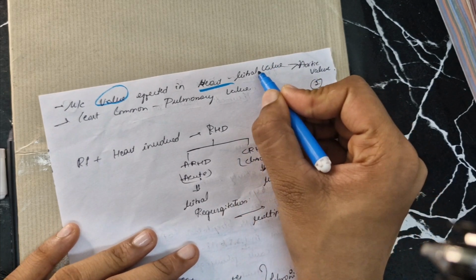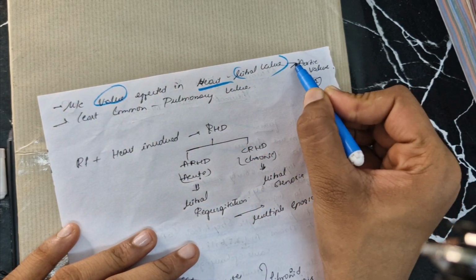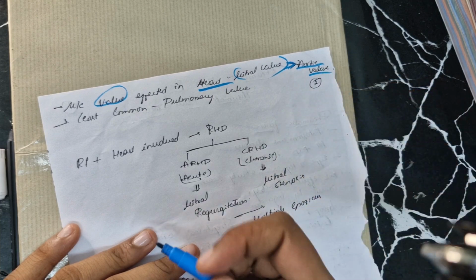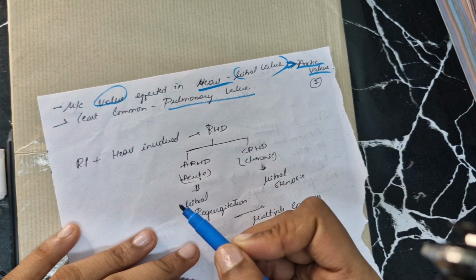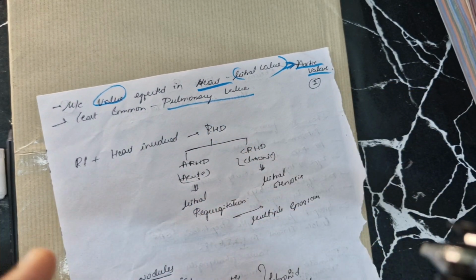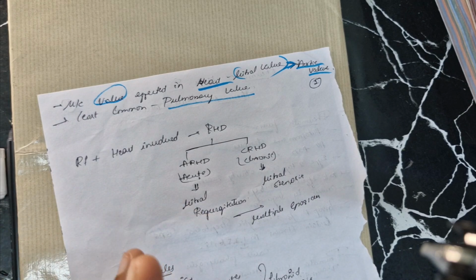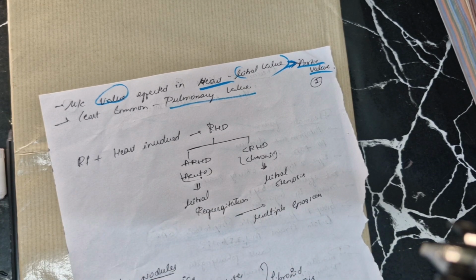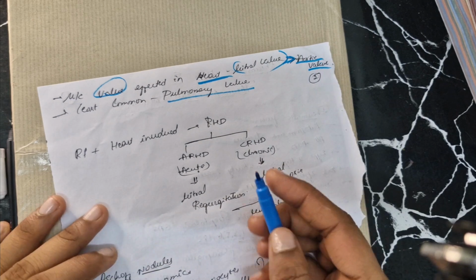The most commonly affected valve is the mitral valve, then the aortic valve, then it may be the tricuspid, and the least commonly affected is the pulmonary valve.